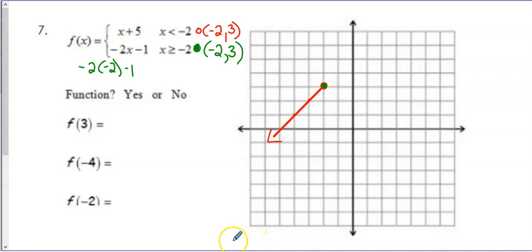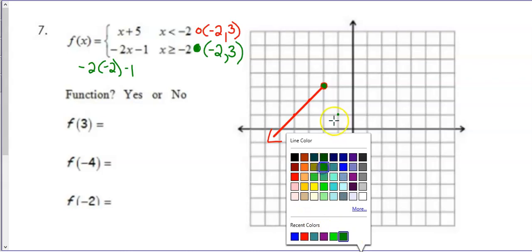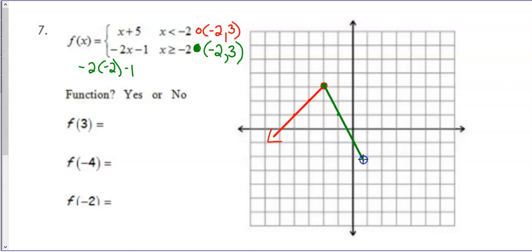And then what else do I know about this one? I know that the slope is -2, so I could go down 2, right 1, and down 2, right 1 again. And that would give me that line. I could also just plug in like a -1, a 0 would be good, because -2 times 0 minus 1 is -1, and that's where that is.